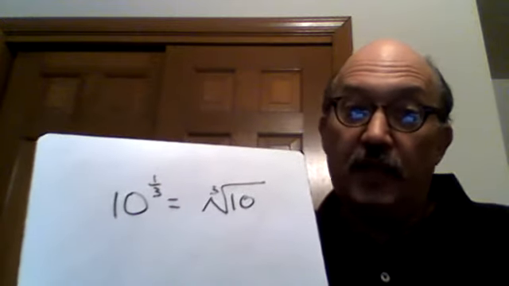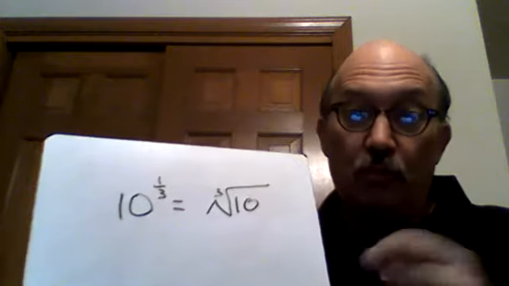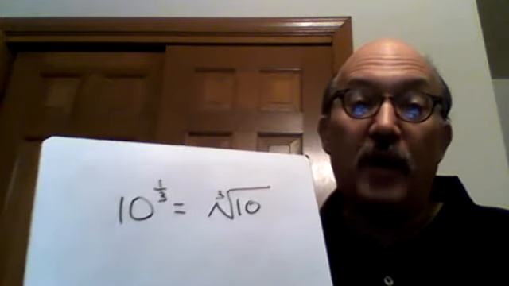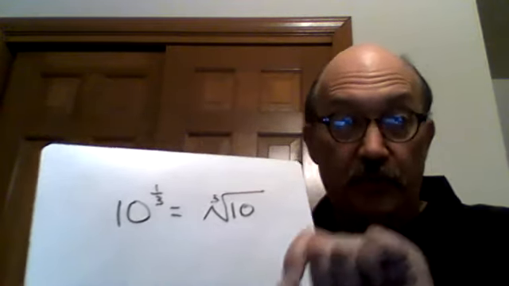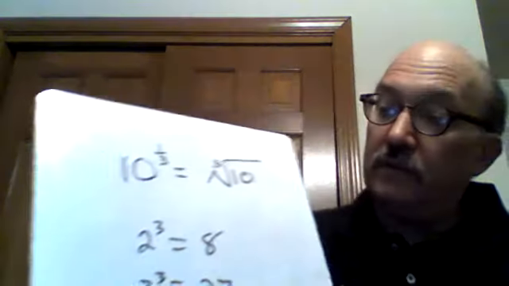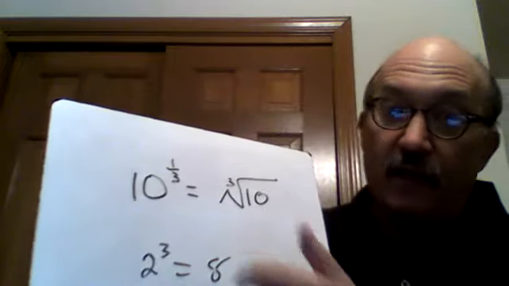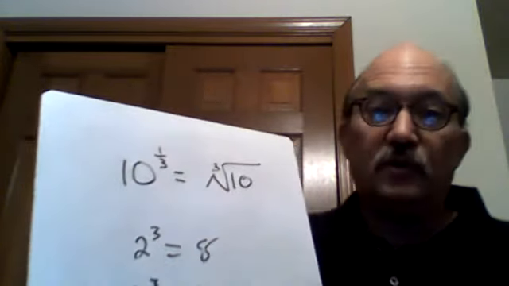If you type into a scientific calculator the cube root of 10, or 10 to the 1/3 power, the calculator will display 2 point something, right? Because 2 to the 3rd is 8, and 3 to the 3rd is 27. So anything between 8 and 27, the cube root is going to be between 2 and 3. So hopefully now you're comfortable with raising a number to a fractional power where the numerator is 1.